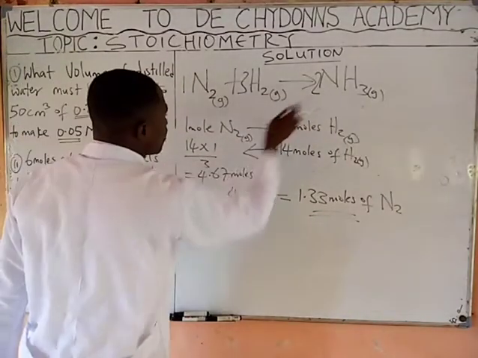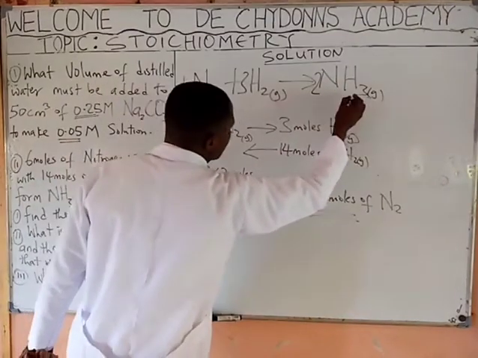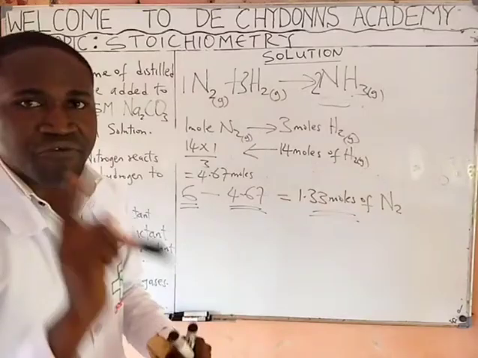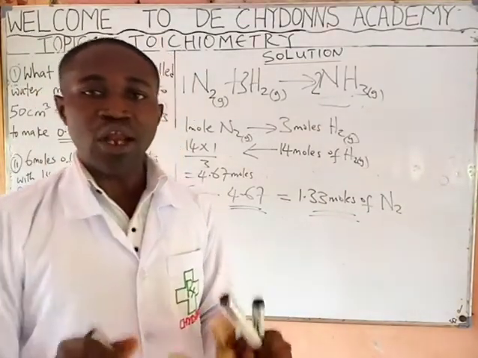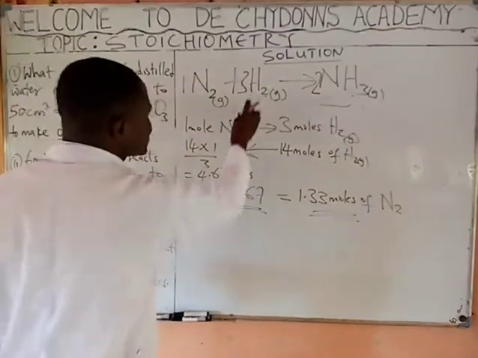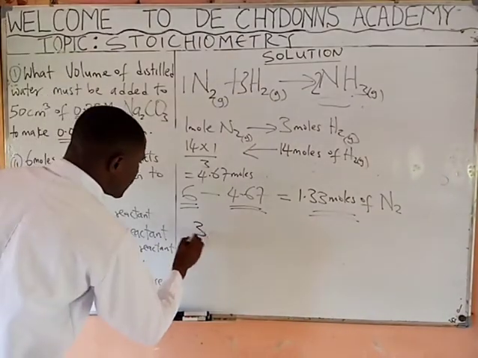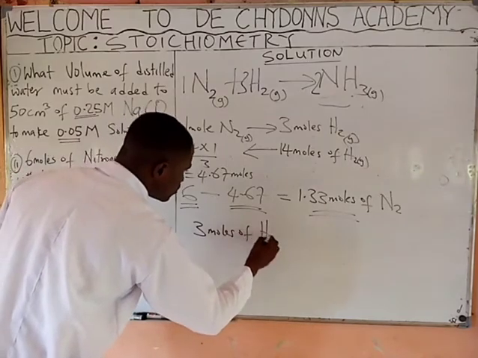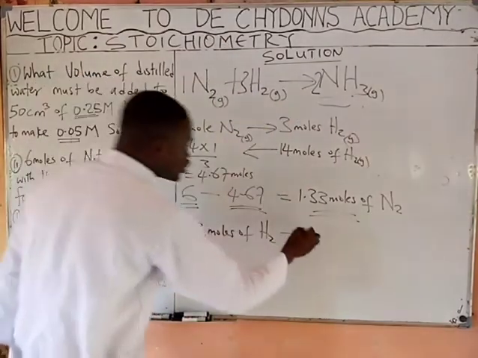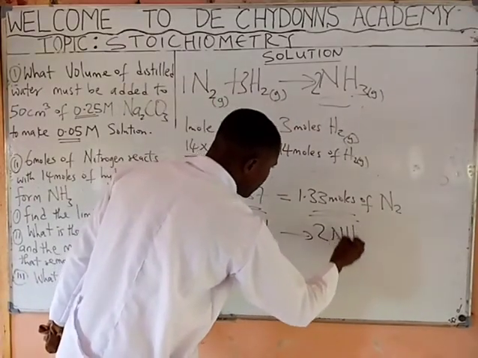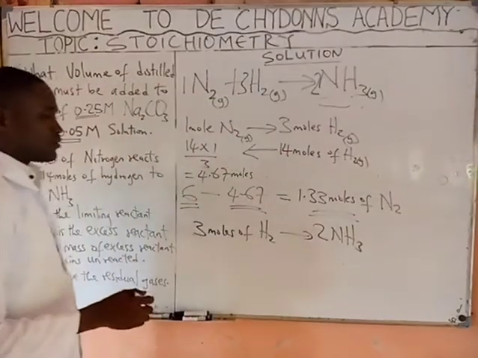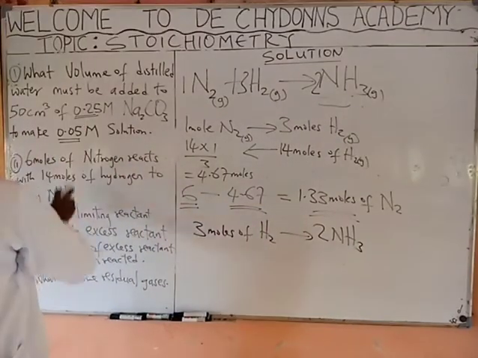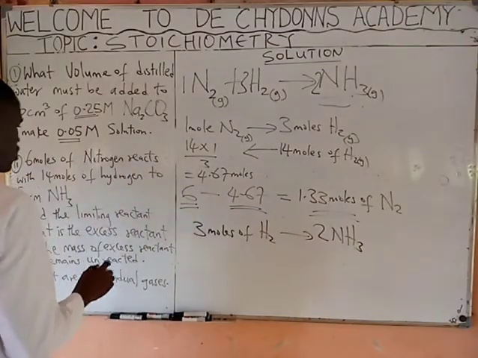Now let's see the product. For us to see the amount of product that we have, we must use only the limiting reactant. And what is the limiting reactant? That is hydrogen. We say 3 moles of hydrogen must produce 2 moles of ammonia. So, what amount of hydrogen did we use in the reaction?